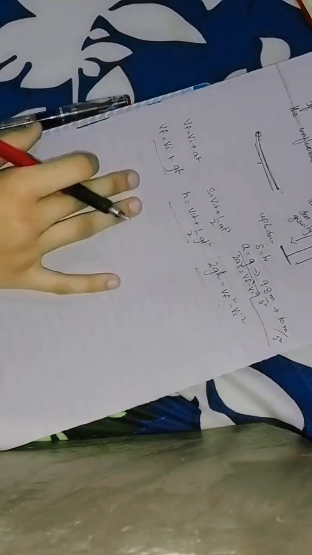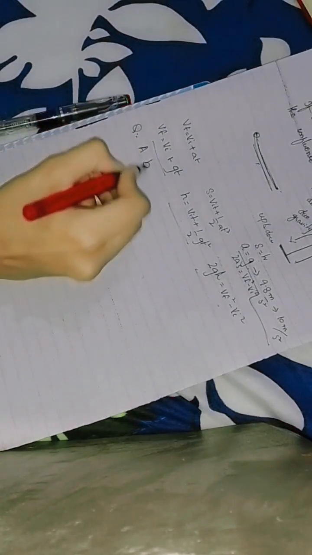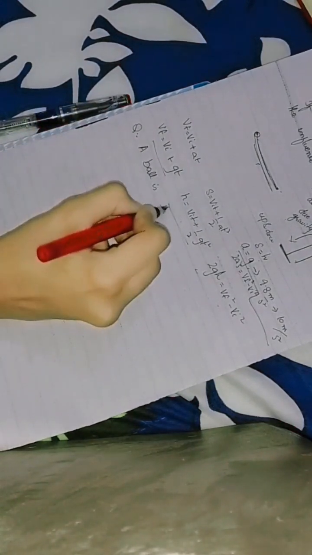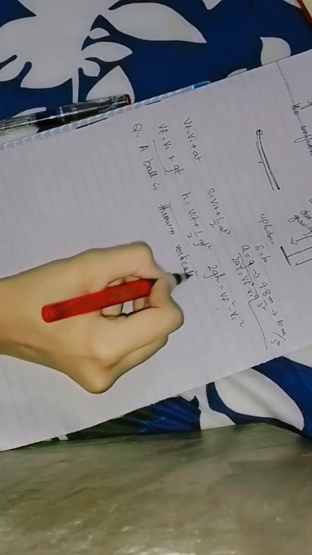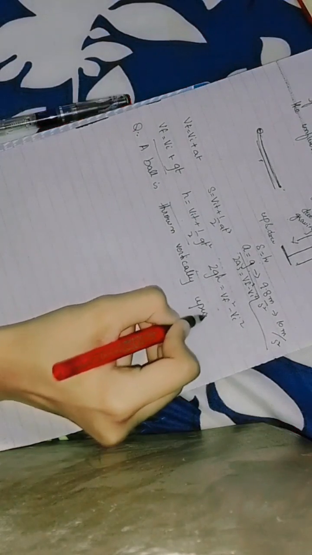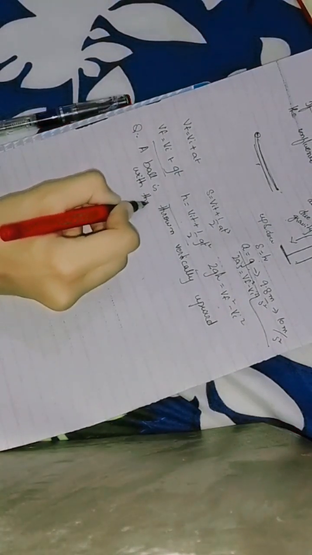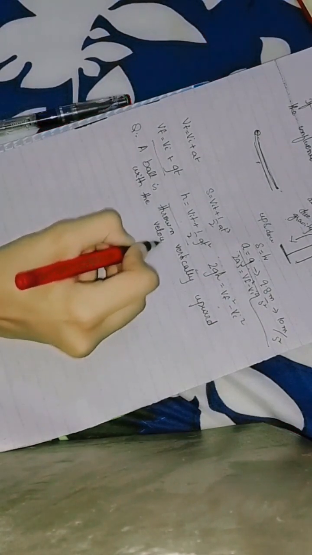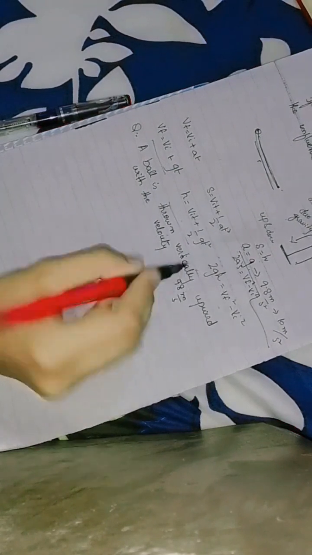We'll be using these equations of motion in the problems of motion under gravity. Now let's solve a problem of this topic. For example, a ball is thrown vertically upward with the velocity of 98 meter per second.